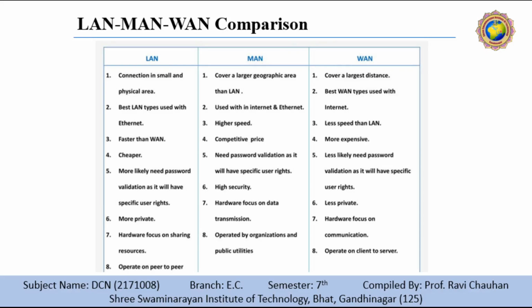A MAN is operated by an organization and public utilities. A WAN operates on a client-server model. So this is a brief idea about the comparison of LAN, MAN and WAN. It is the most important question for your GTU, so read it carefully and understand it.